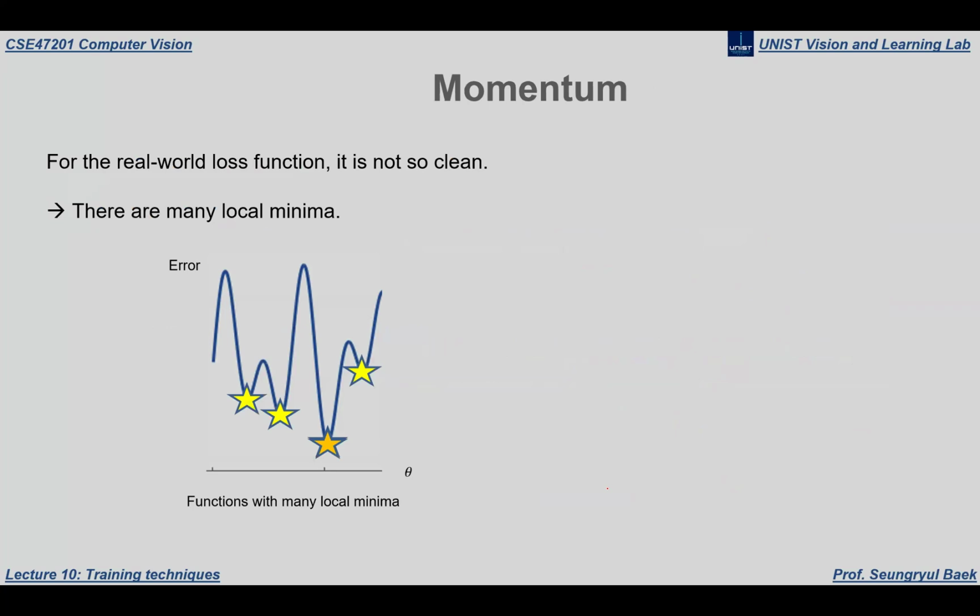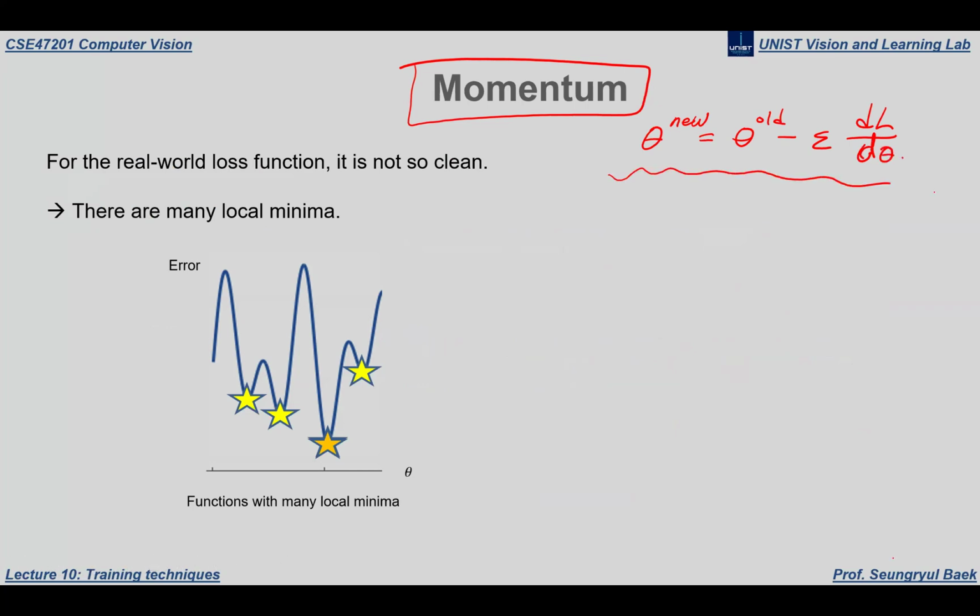But now this is the new thing, momentum. Let's think about this kind of situation.